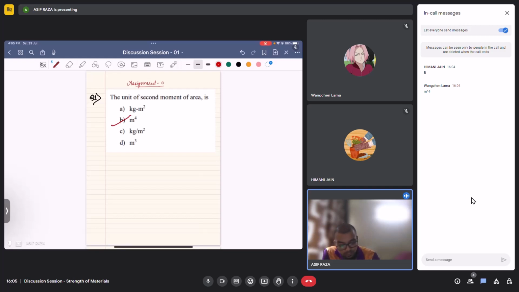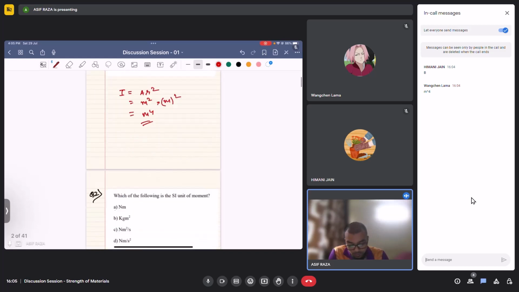Second moment of area is I, and that is given by A R square. Area has a dimension of meter square, and R has a dimension of meter as well. So squaring them both, it will give me meter to the power 4. So option B is the correct answer.